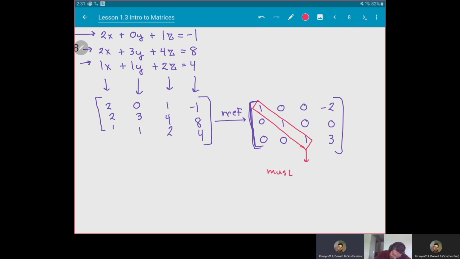So you must have a diagonal row of ones and everything else is 0.